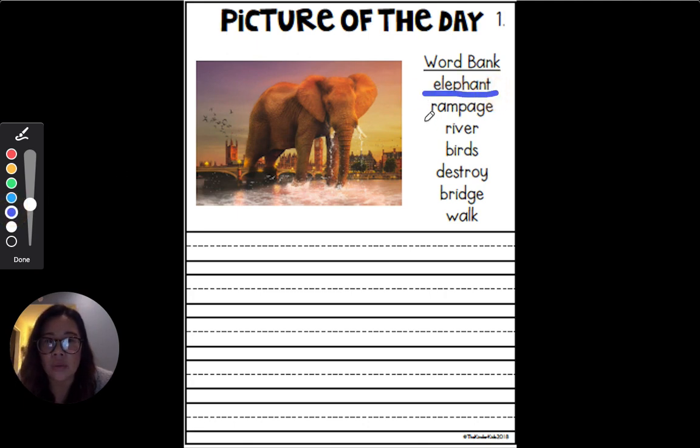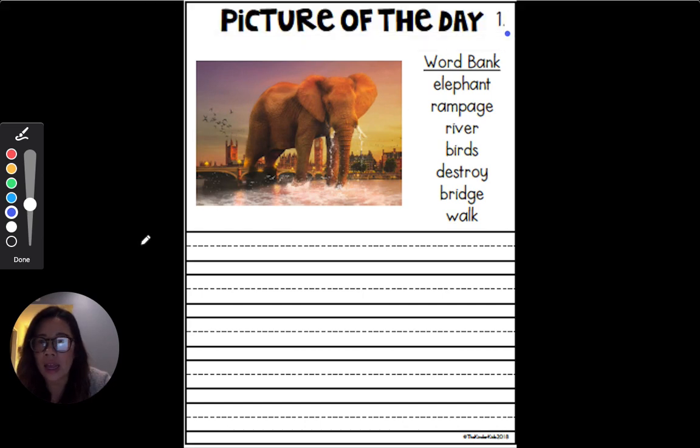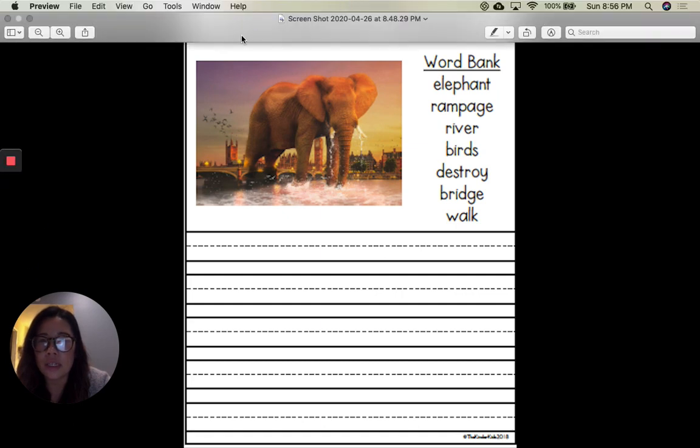Elephant, rampage, river, birds, destroy, bridge, and walk. Okay, now you could use these words from the word bank to help you write your story today, but if you didn't want to use them, that's okay. All right, scholars, so let's go ahead and see if we can write a little story based off of what we see in this picture.